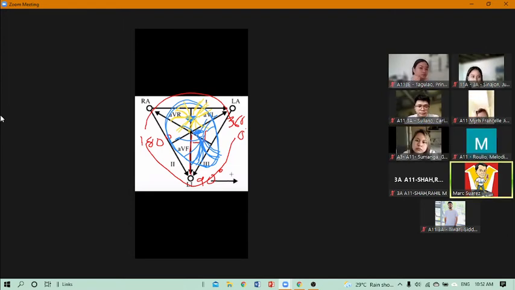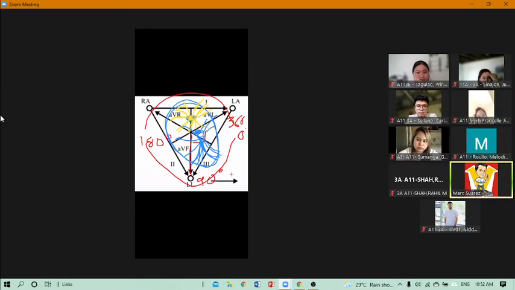So going back, the SA node, when it depolarizes, impulses are generated all around, right?